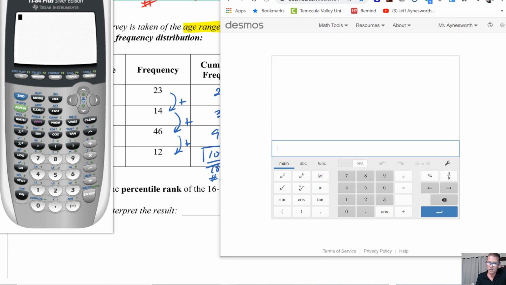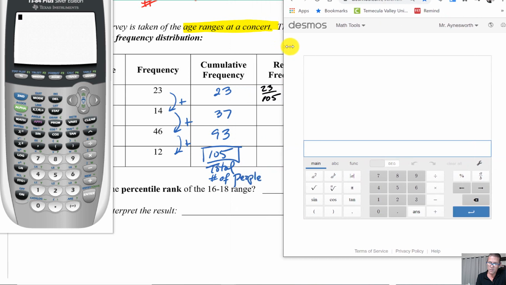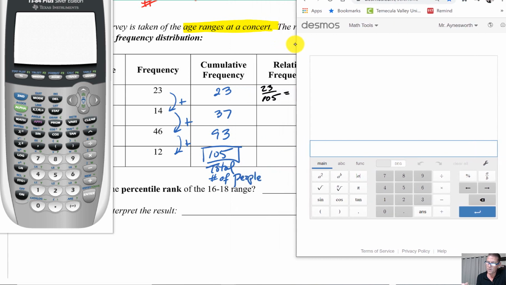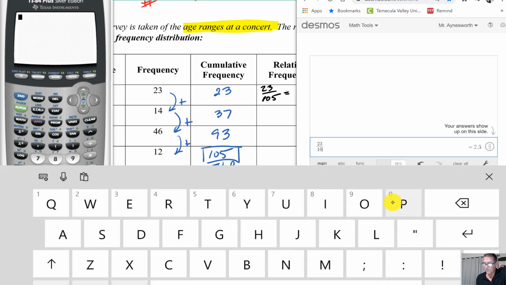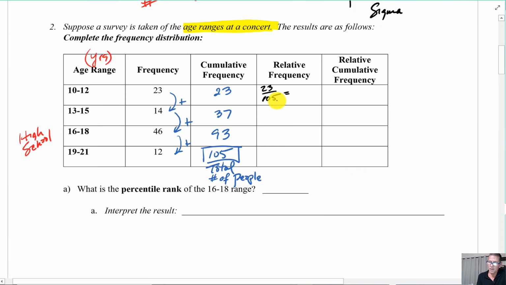So if you take your values right here, there we go, 23 divided by 105. All right, it's about 0.219, okay, so 0.219, and you just keep on doing that. So 37, what's the relative frequency there? So you take it out of the total.